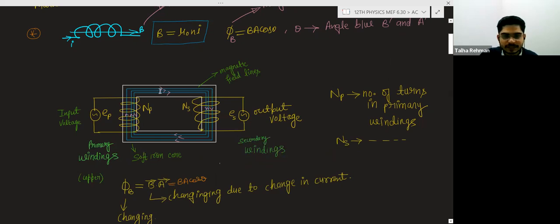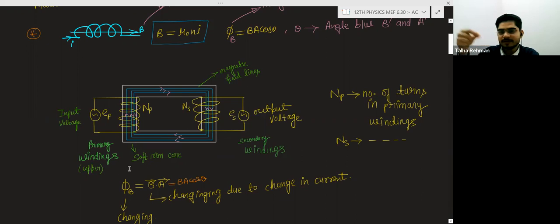And what are these? These are the magnetic field lines. These magnetic field lines are produced by the primary winding, but due to this soft iron core, they are crossing the secondary winding also. Generally the windings we take are of copper.